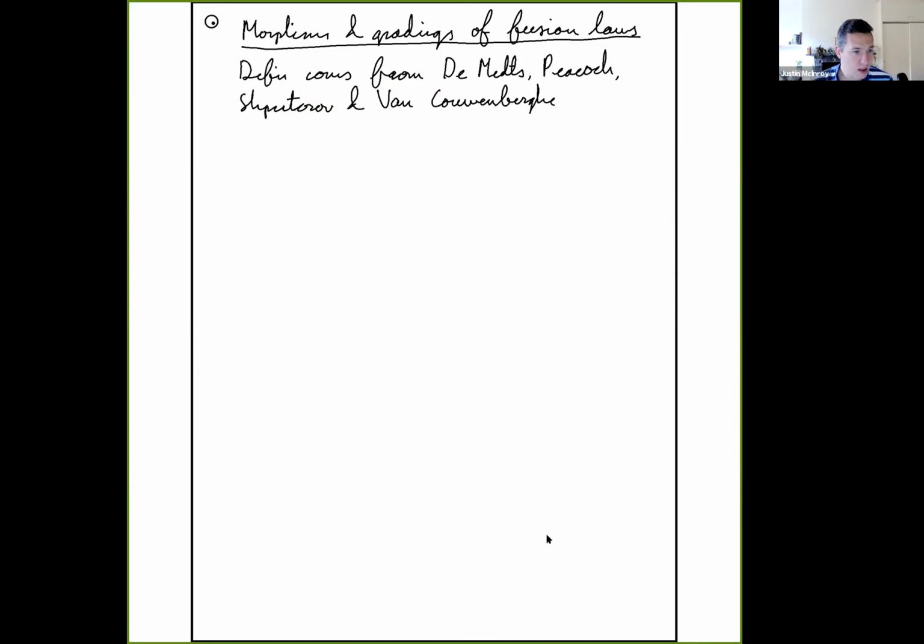And it turns out this is a nicer definition because it allows you to say more about the fusion laws, which I will touch on when I get there.